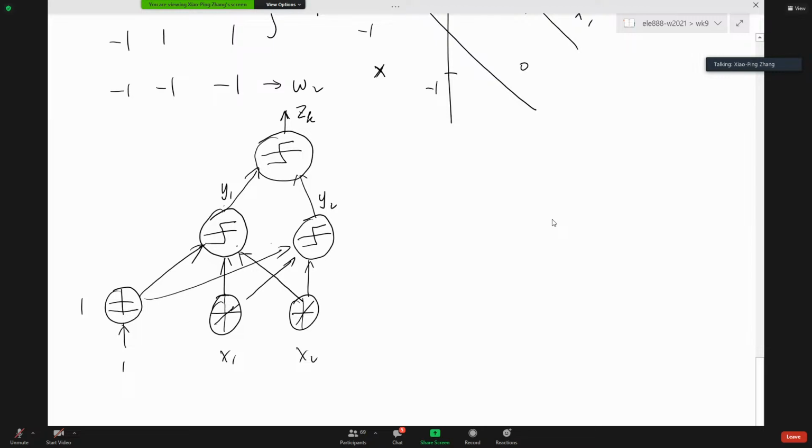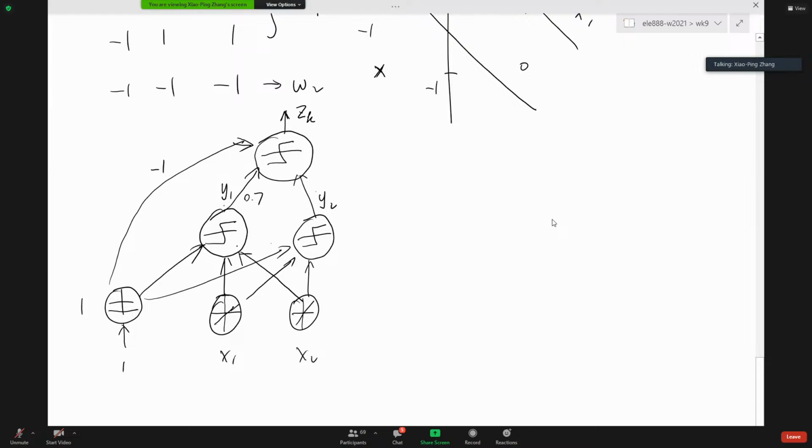The output is Y1, Y2. And this one needs to go here as well. I need a bias as well.